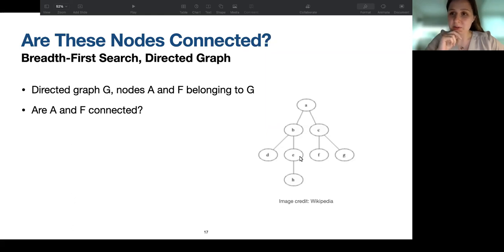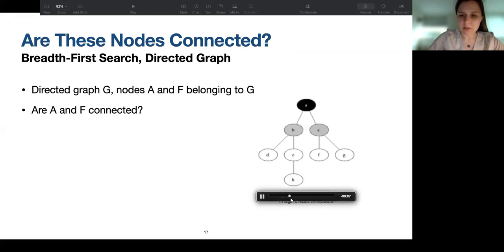I would also like to note that it's funny that this graph is also a tree, but keep in mind that it's not true for an arbitrary graph. All trees are graphs, but it is not always the case the other way around. So let me just check if, okay, yeah, the GIF works.